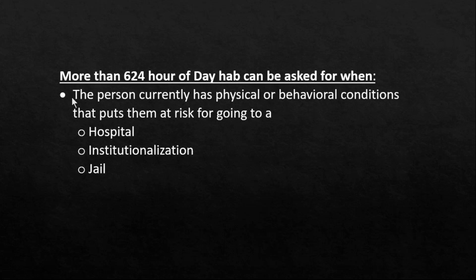In terms of more, 624 hours of day habilitation could be requested when a person has a physical or behavioral condition that puts them at risk for going to a hospital, institution, or jail. When I try to put a little more shape around this, I say within 30 days. For the provision of this service, the person would need to enter the hospital, an institution, or jail within the next 30 days.